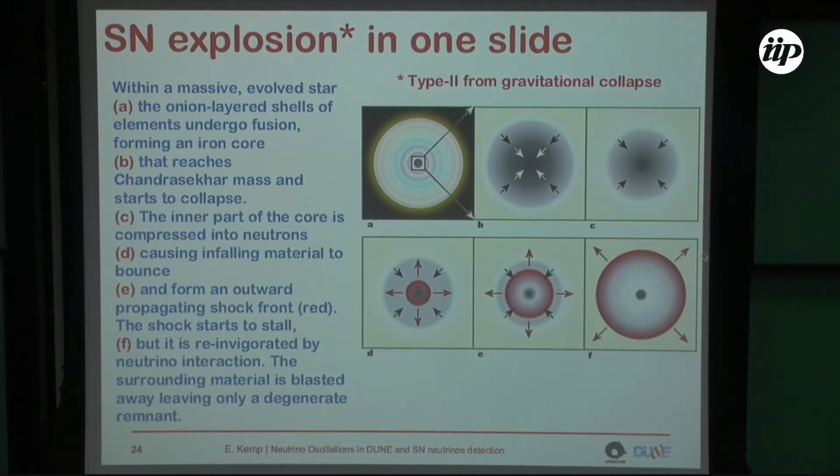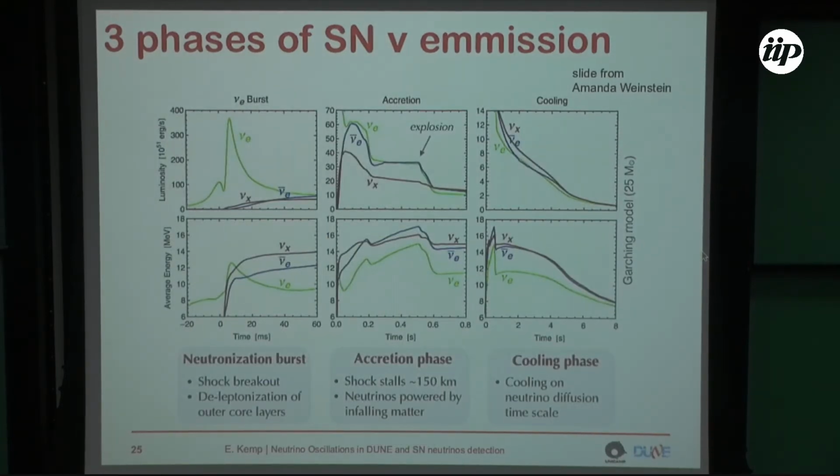So this is a scheme for the type 2 supernovae that is linked to stellar gravitational collapses. So let's connect all the history that I told you in terms of neutrino emission.